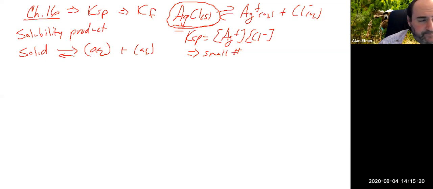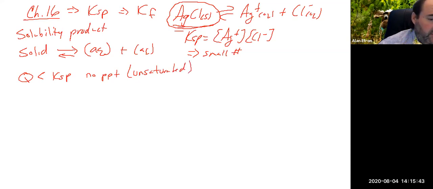There are some factors involved, but in general, we could use Q again here to help us and compare Q to the KSP. If Q is less than the KSP, we would expect no precipitate to form, and really at that point you have an unsaturated solution.